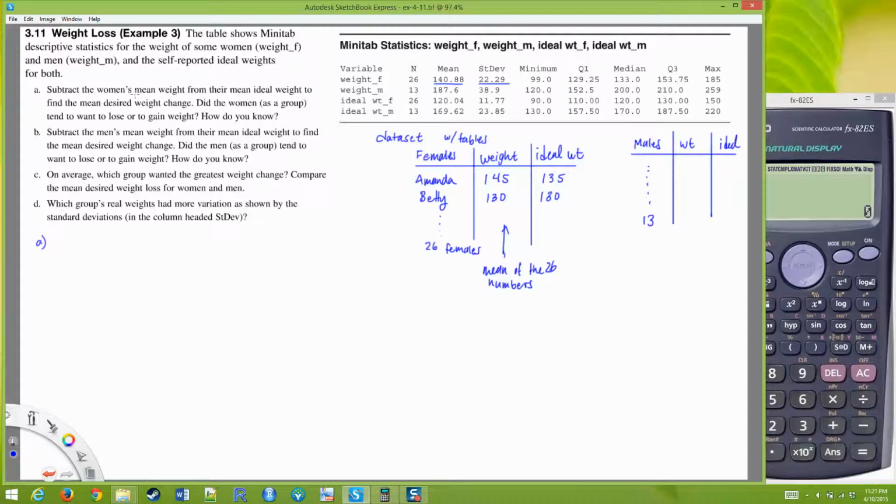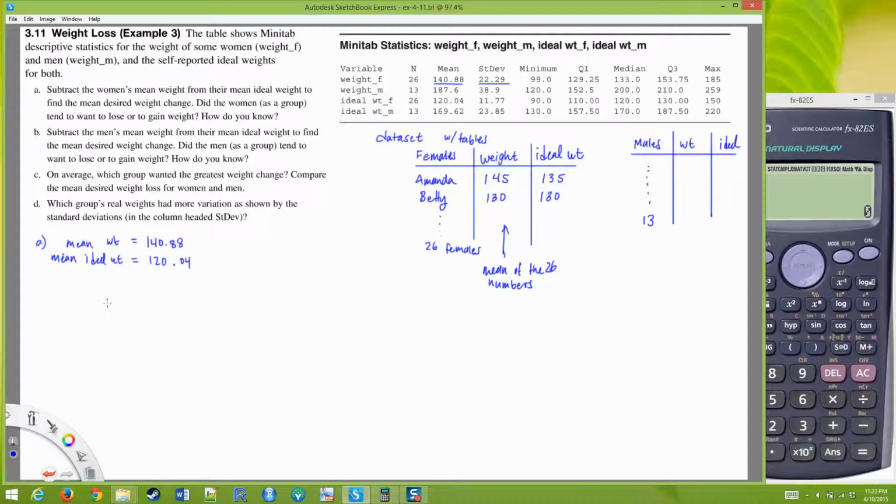It says subtract the women's mean weight from their mean ideal weight to find the desired weight change. So the mean weight of women is equal to 140.88, and the mean ideal weight is equal to 120.04.